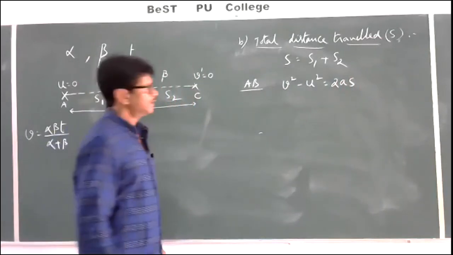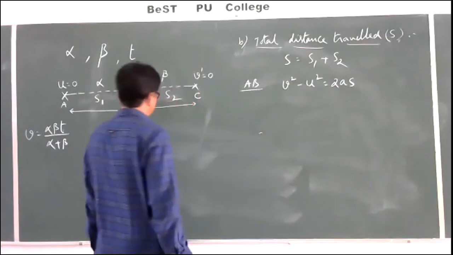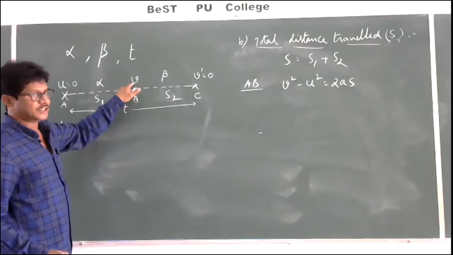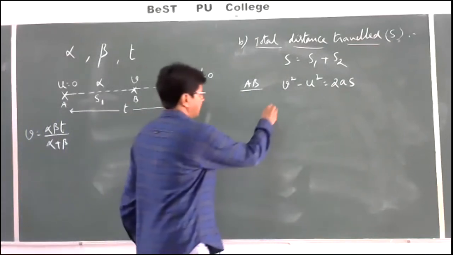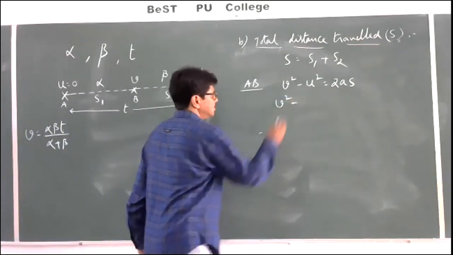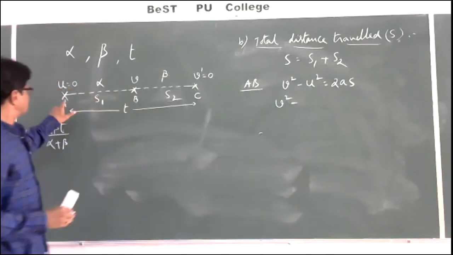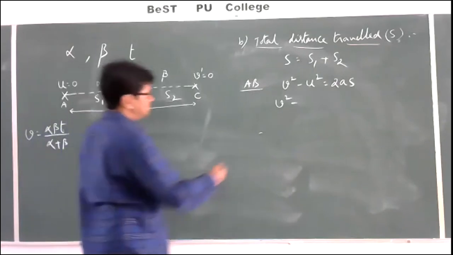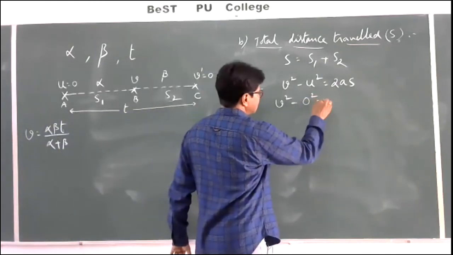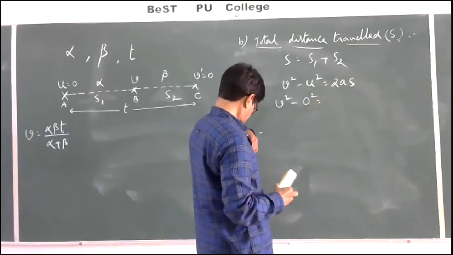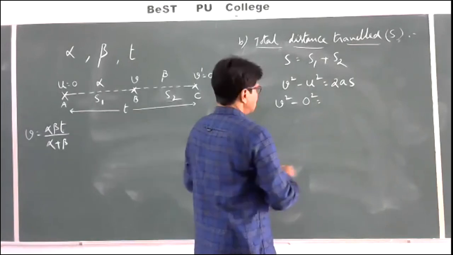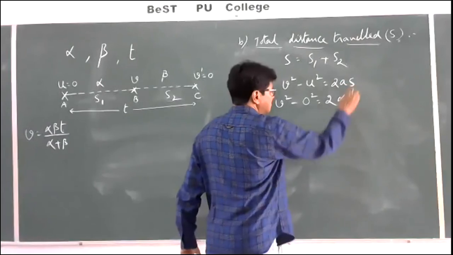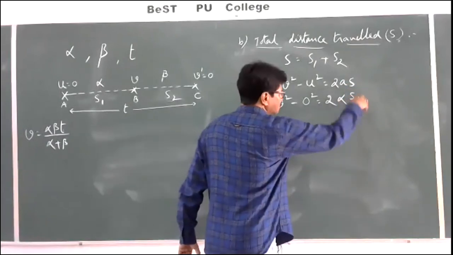Then you substitute the values. Here final velocity is V, so V square. U is the initial velocity, which here is 0. 0 square is equal to 2, A is equal to alpha, S is equal to S1.